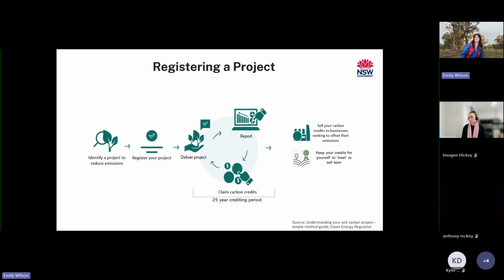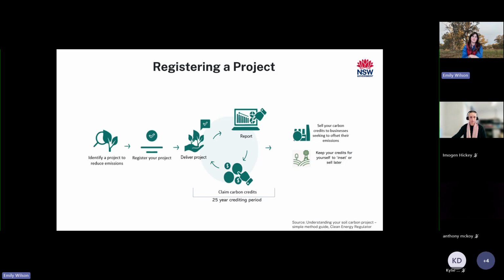So when we're thinking about registering a project, there are a few steps involved. As Kylie mentioned, we can't actually start doing our activity until after we've registered the project. So you've identified that the project suits, it will be a good source of income on your farm. First up, you'll need to design your project and gather up those registration documents.